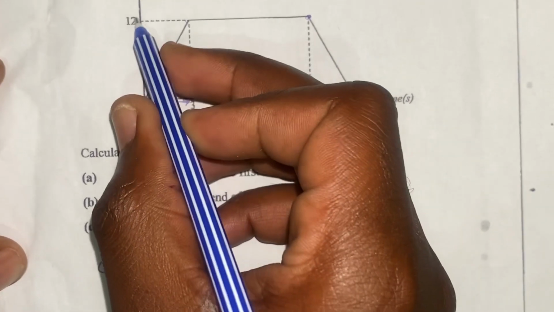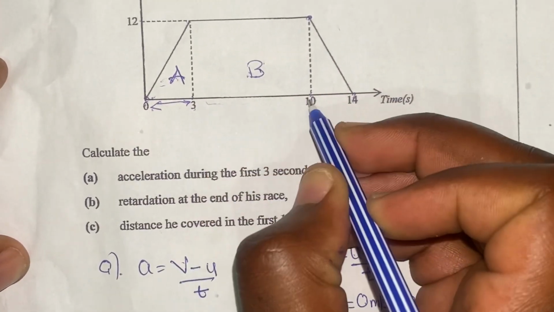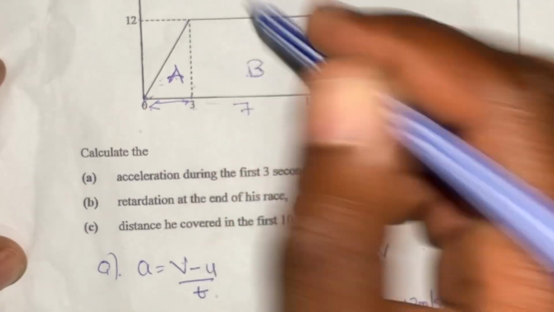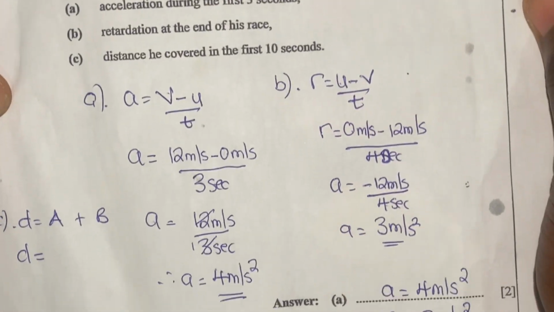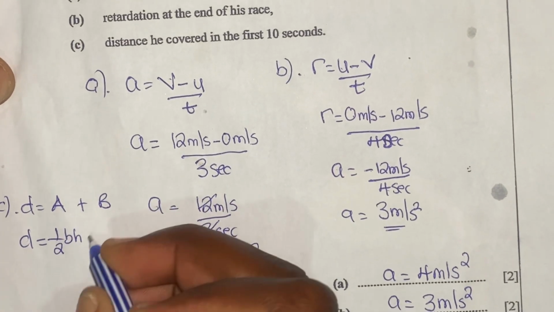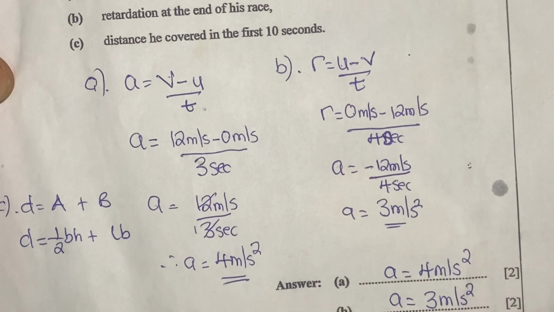Then our height remains 12. For B, it is 10 minus 3, so here there will be a 7. Then the height is still 12. So we proceed with half BH plus LB.